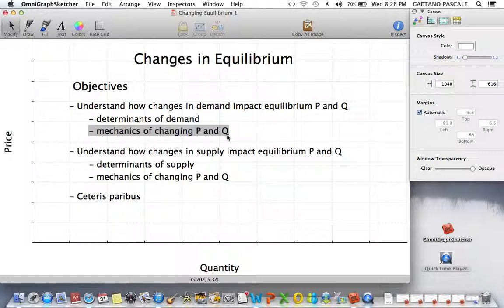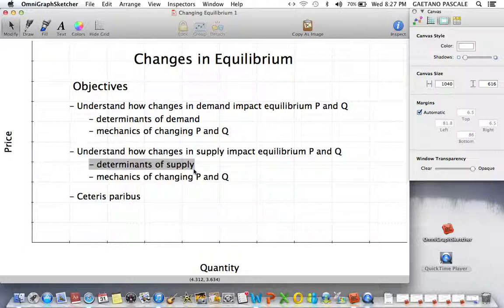After we go through a few examples of how the equilibrium changes for demand, we're then going to take a look at the supply side. So we're going to do exactly the same thing with supply. And again, you're going to need to know what the determinants of supply are. For the purposes of this course, think of this as the cost of doing business.